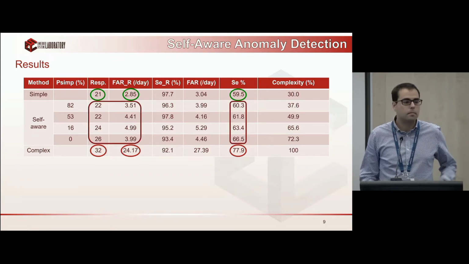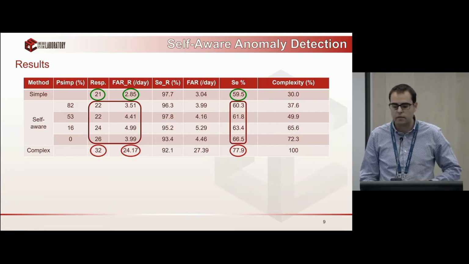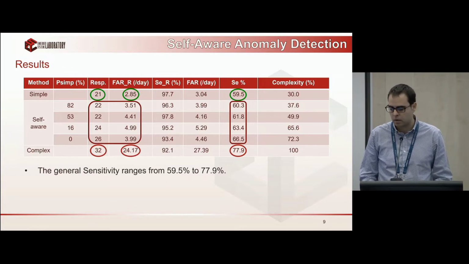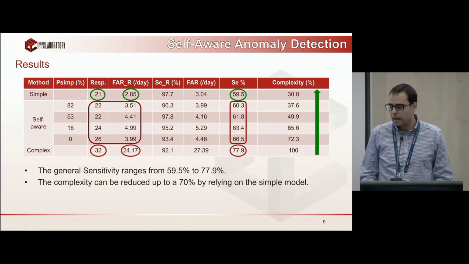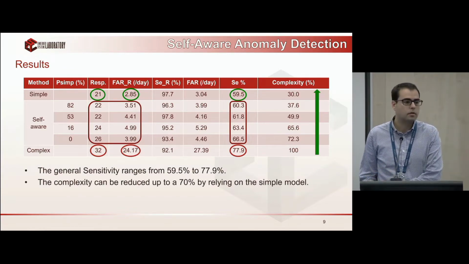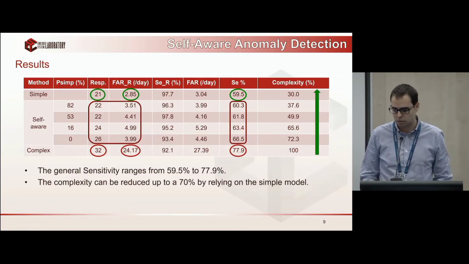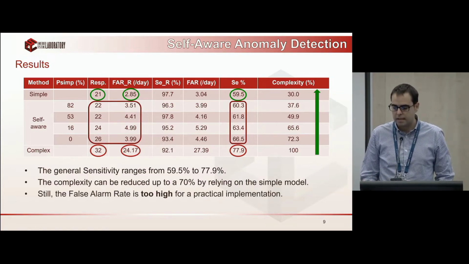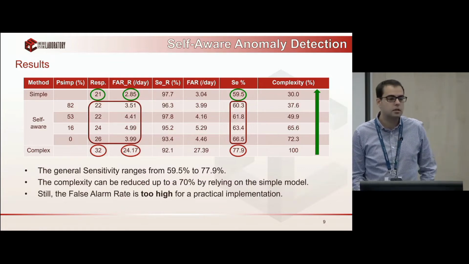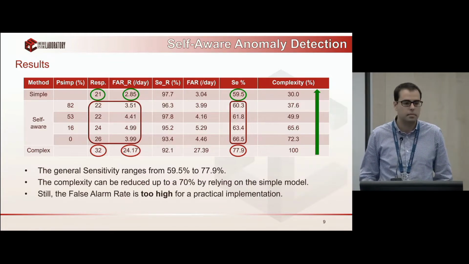Then, by modifying the threshold of the confidence we require, we can get different values of responders, sensitivity, and false alarm rates. The complexity can be reduced by up to 70%, comparing the simplest one with the most complex one. However, we can see this false alarm rate is still too high for practical implementation. Even the lowest one, that is 3 per day, can be considered too much.